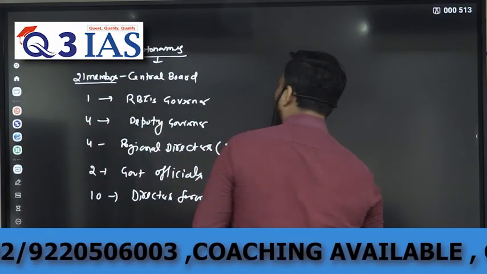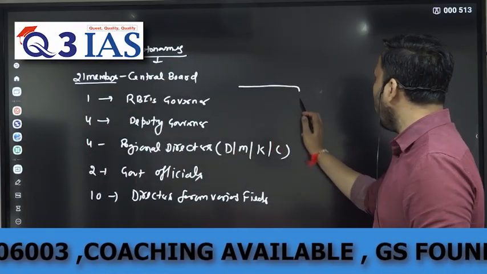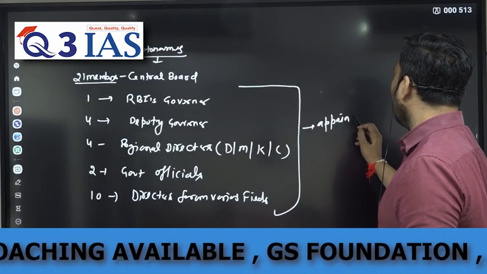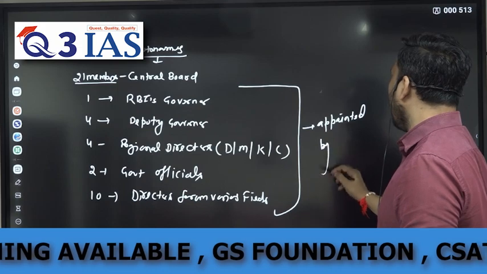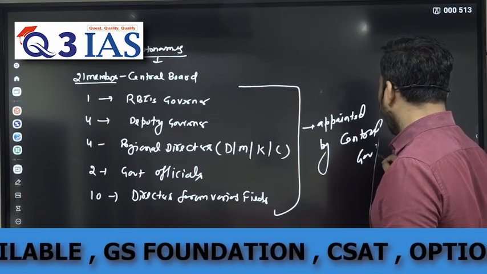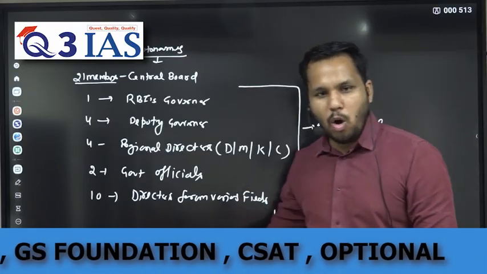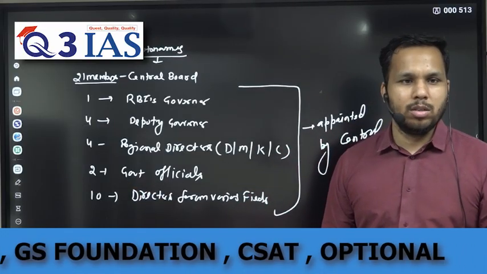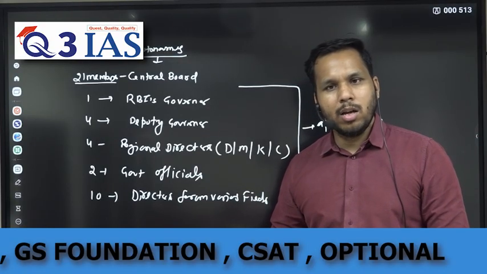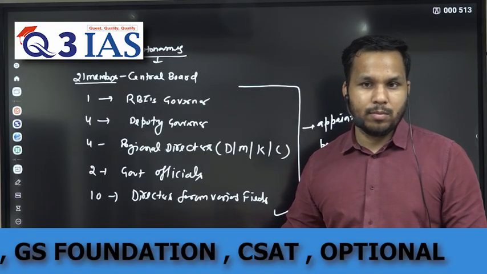These are the 21 members, and these 21 members are appointed by the central government. After the appointment, the government cannot interfere in this board. Whatever decision they are taking, that will be the final. But once the government appoints, the government will not interfere.